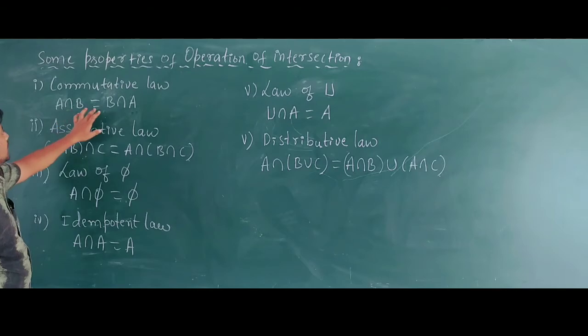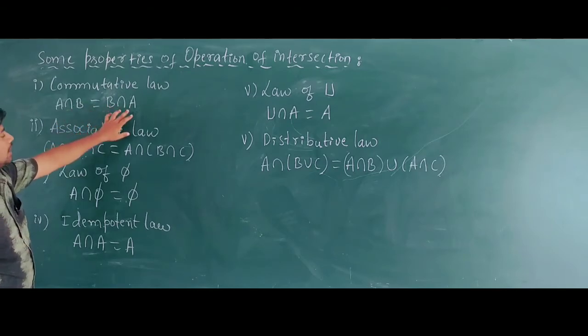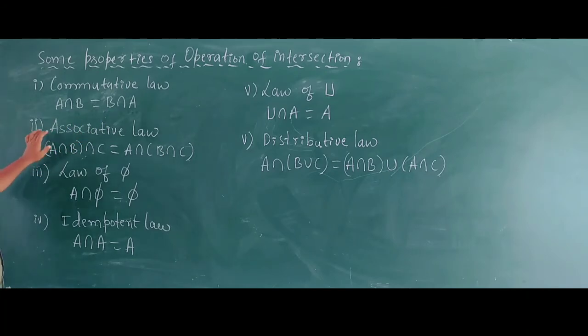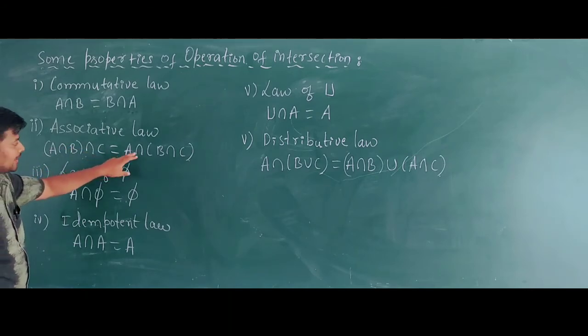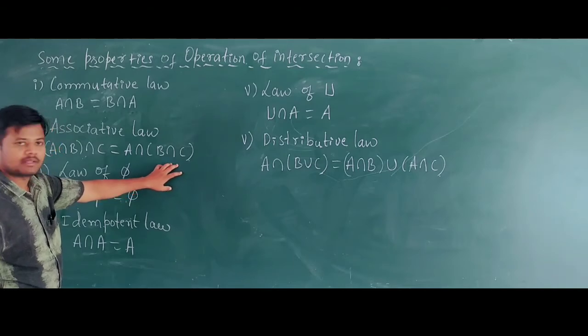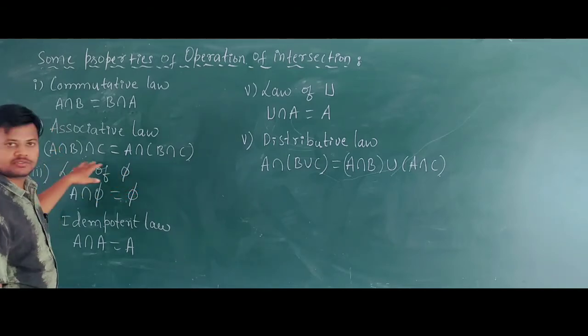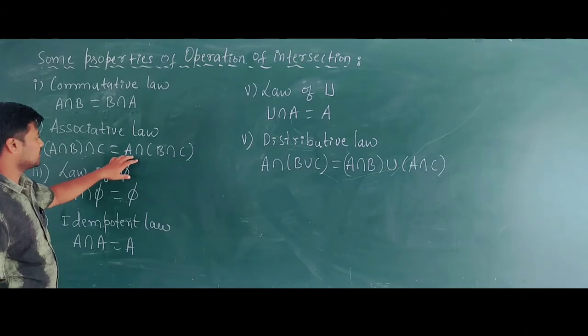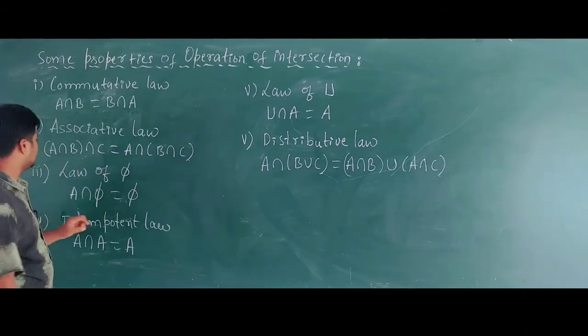A intersection B equals B intersection A. Okay. Next one, associative law. (A intersection B) intersection C equals A intersection (B intersection C). So examples ಹೇಳಬೇಕಾದ್ರೆ ಪ್ರಾಪರ್ಟಿ ಚೆಕ್ ಮಾಡೋಣ.